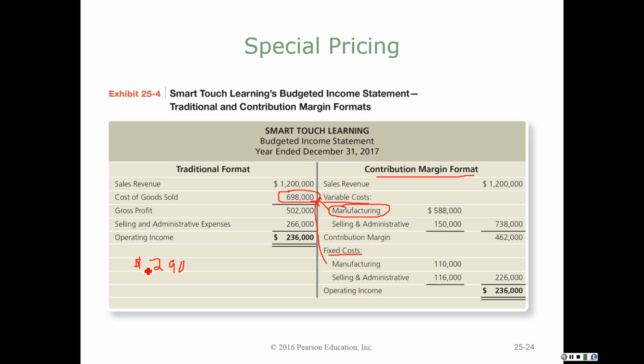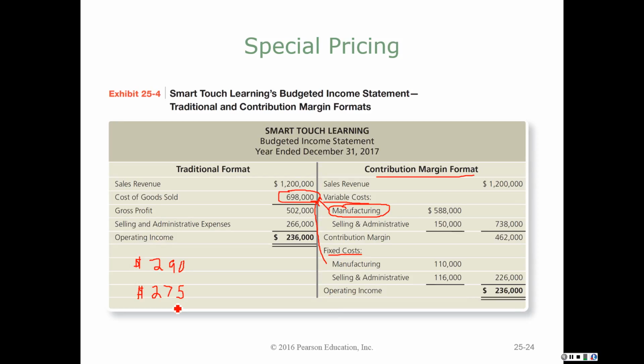So if someone comes along and offers a special order, your book says 250 tablets, but they want to purchase them at a price of $275, an inexperienced manager, and perhaps even one of us if we haven't studied this chapter, would say that's a no-brainer. If it costs me $290 to make this tablet, there's no way I could possibly sell it for $275. We would lose money.